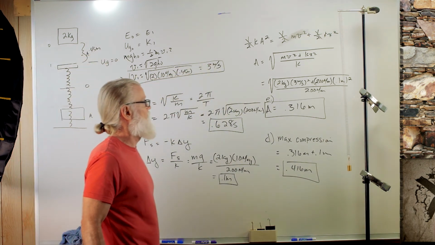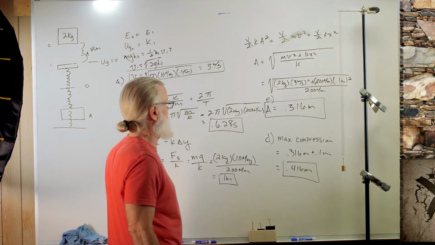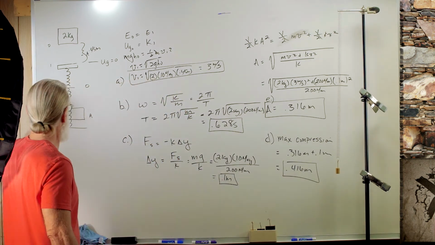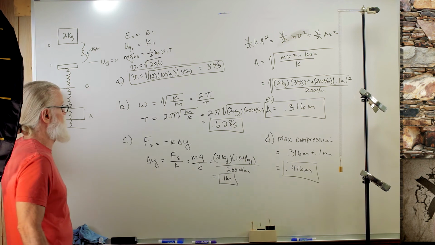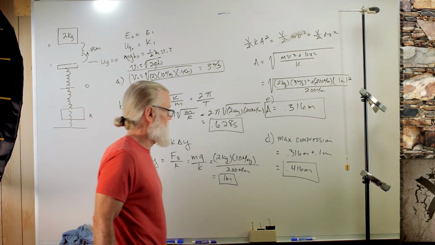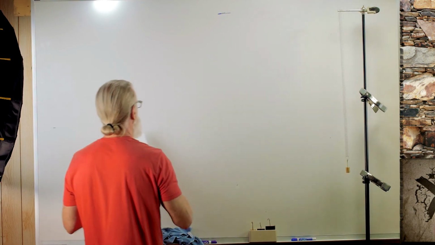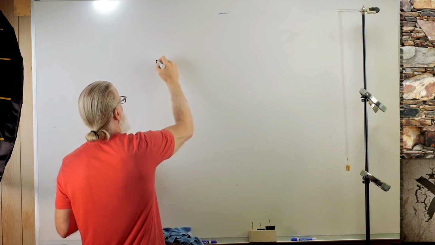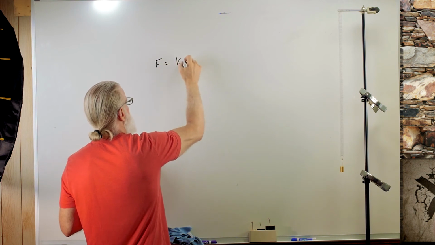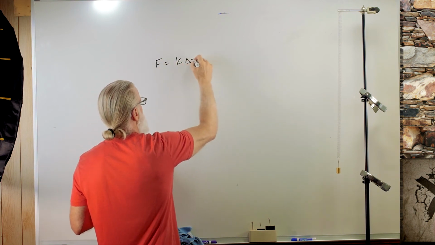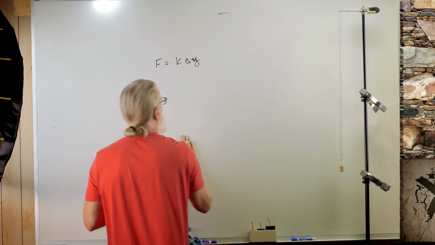It is, but we're ignoring that and we're treating this as gravity's only function is to establish a new equilibrium position. And there you go. All right, so to find the spring constant, two ways. You can use Hooke's law: F equals K delta Y in this case.